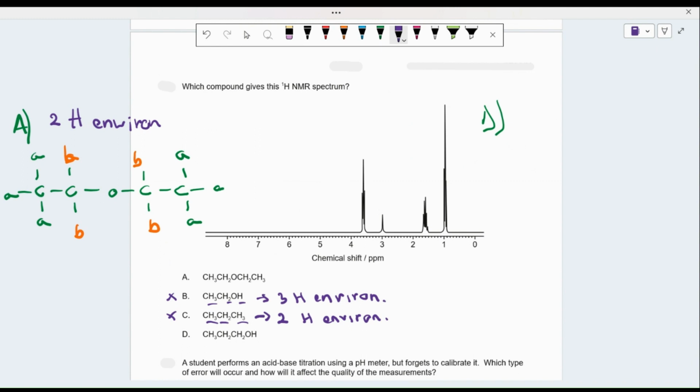So that leaves us with D. Let's just draw that one out as well. So we have A, B, C, D, our 4 hydrogen environments. D.